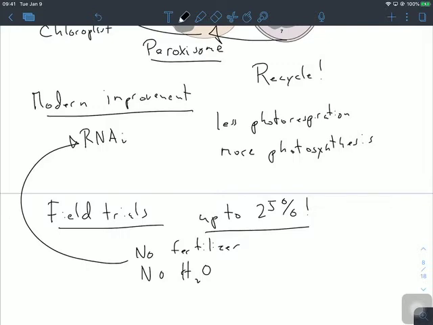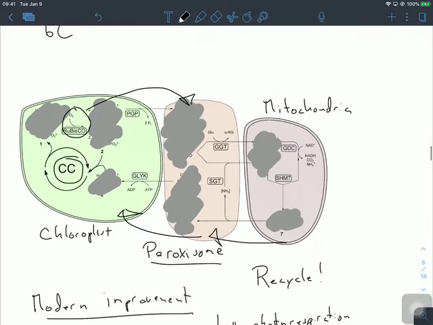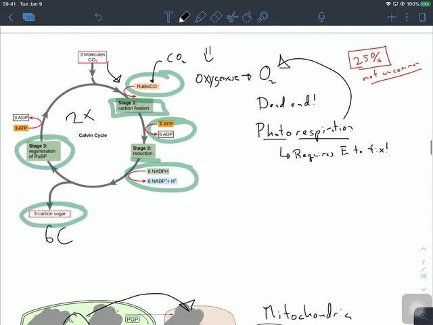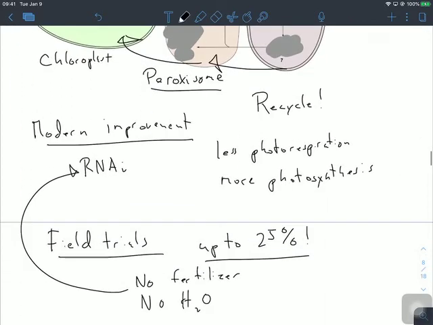So I think it's pretty cool to include this one example of how scientists were able to tweak photorespiration to reduce how often it's happening in order to improve the overall amount of usable plant material grown. Pretty nifty.